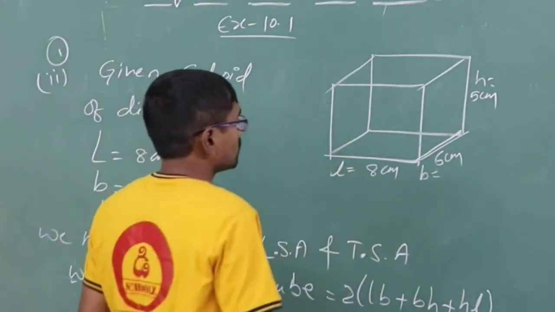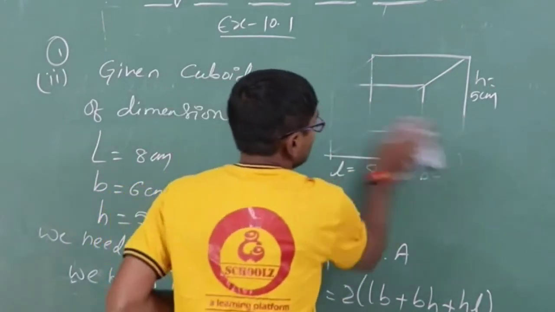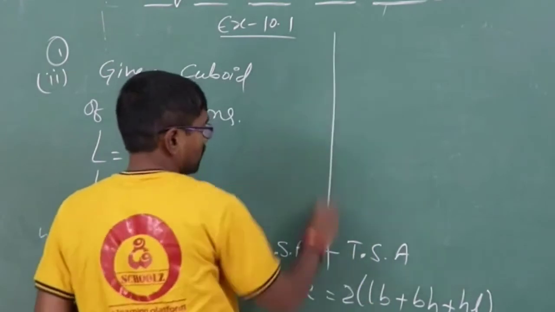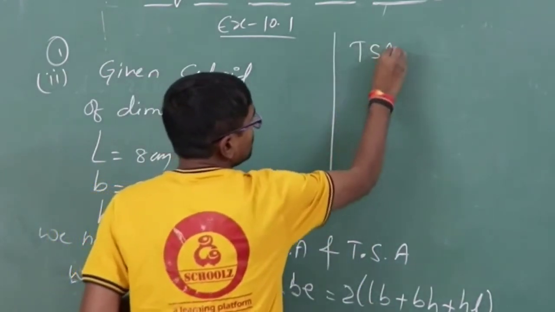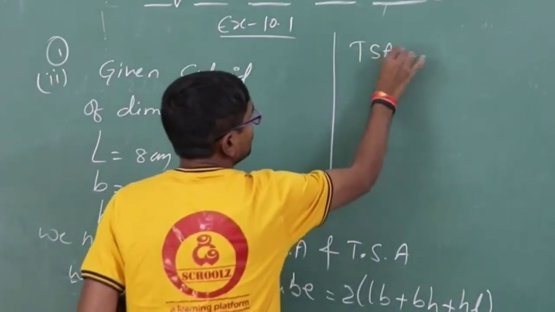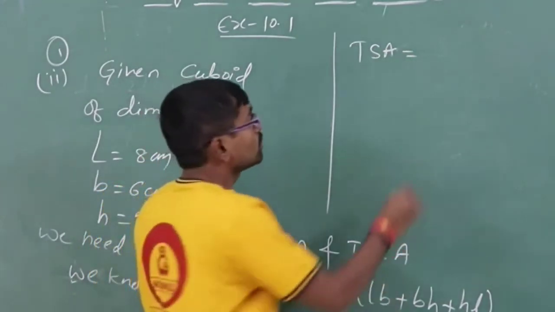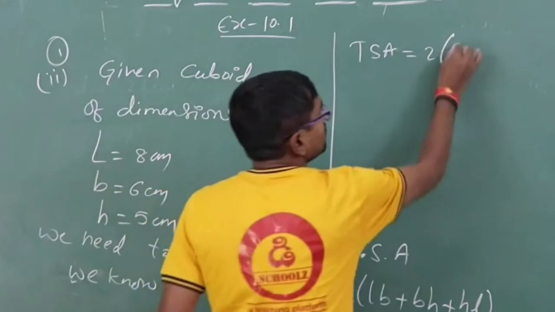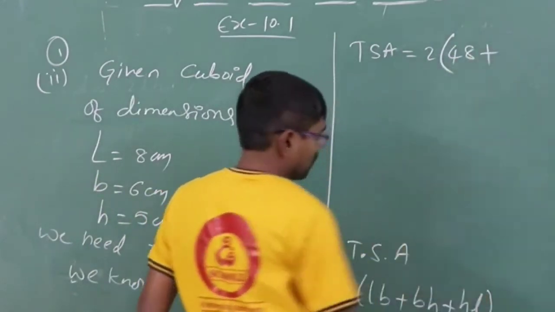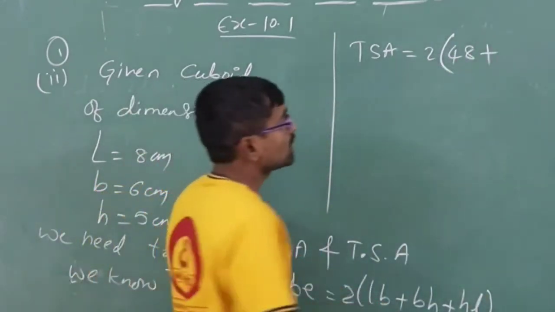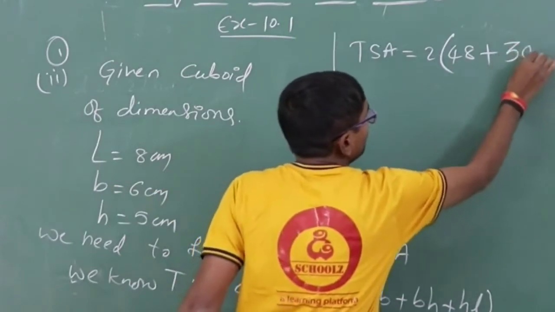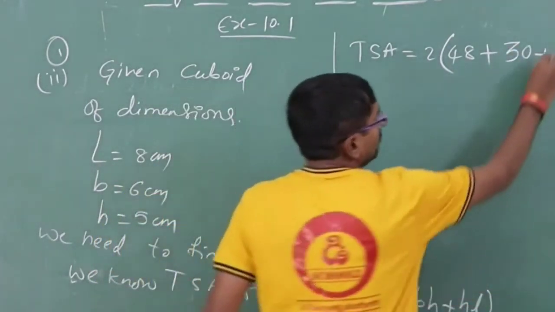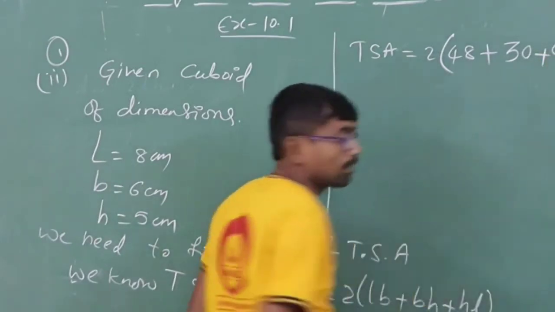Now simplifying, I am erasing this to find the solution. TSA is equal to 2 into (8 sixes are 48, plus 6 fives are 30, plus 8 fives are 40). Am I right?